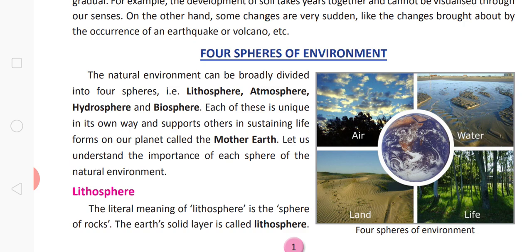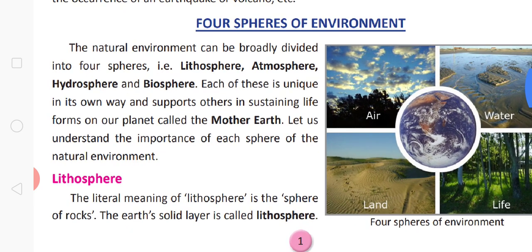These can be categorized into lithosphere, atmosphere, hydrosphere and biosphere. Once again, what are the important divisions of the natural environment? These are four types: lithosphere, atmosphere, hydrosphere and biosphere. So all have some meaning.